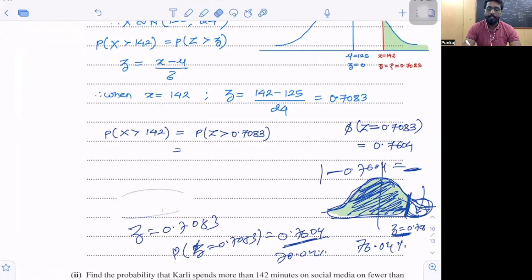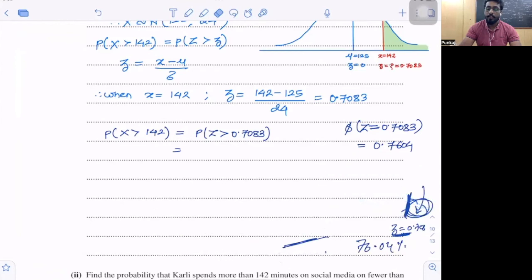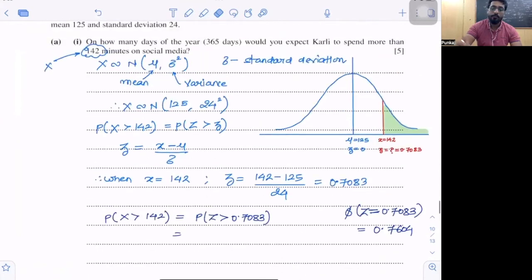So now I can clearly understand what region I want to find, isn't it? I have to find this region.